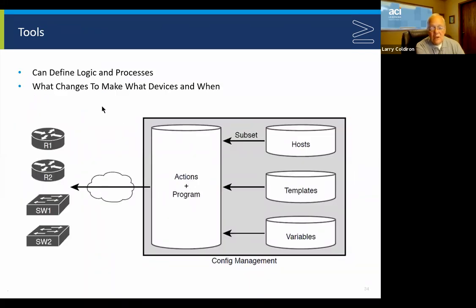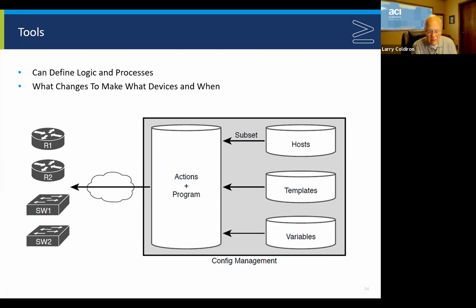The tools that we're using here define the logic and the processes, what changes to make on the devices. Same thing we had before, the host, the templates, and the variables. What we saw in the Ansible demo, it didn't have a template, but we had the host, what are we going to do? And then what are we going to change?